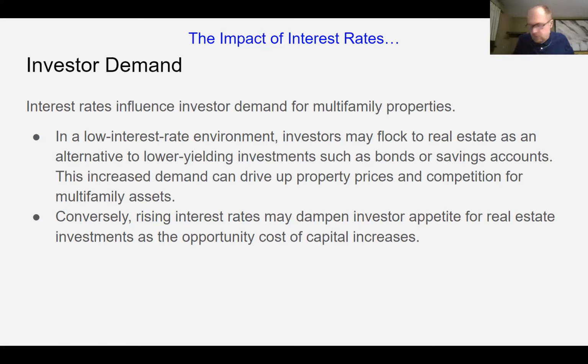Yeah, I think if you put yourself in the shoes of an investor who was considering a passive investment, indeed what is on the screen here is the reality. In a low interest rate environment, the savings and CD interest rates will be low. So there will be interest from investors to invest in higher return investments.